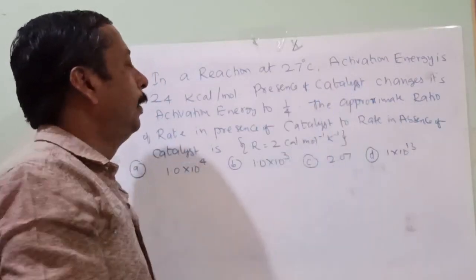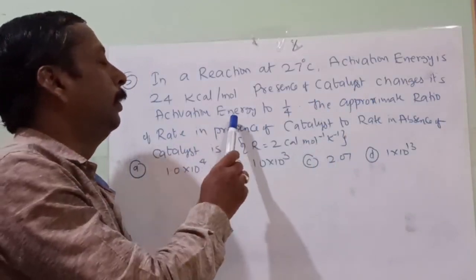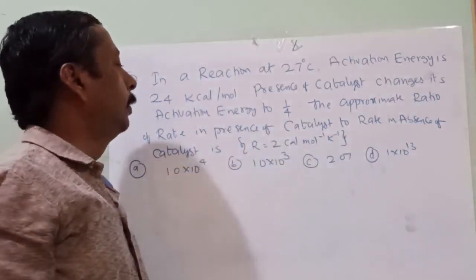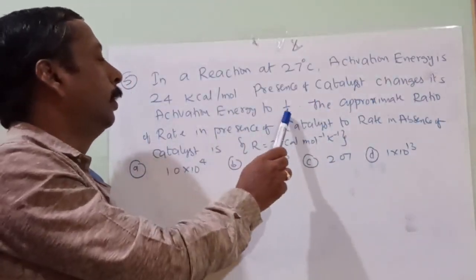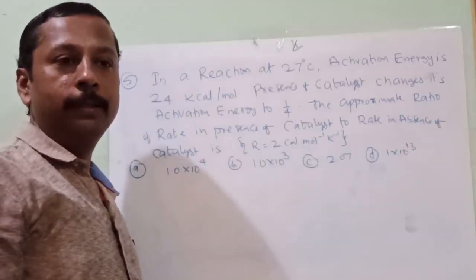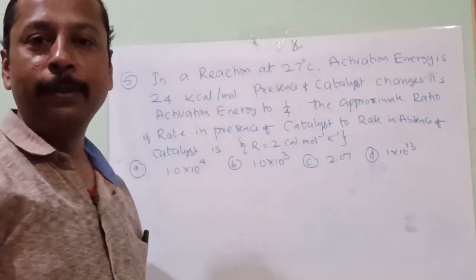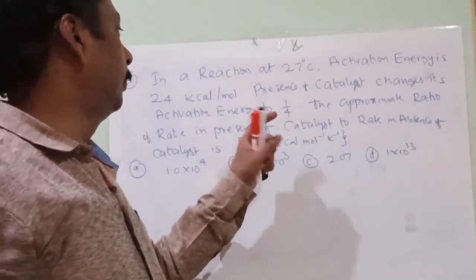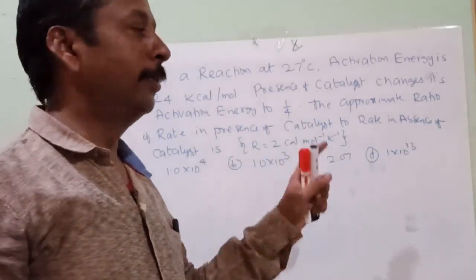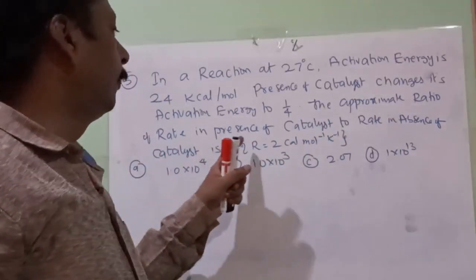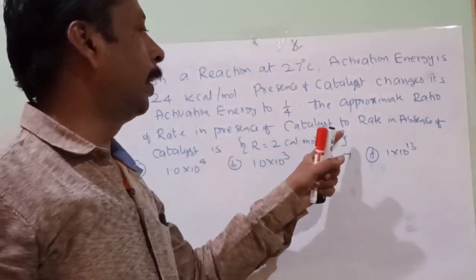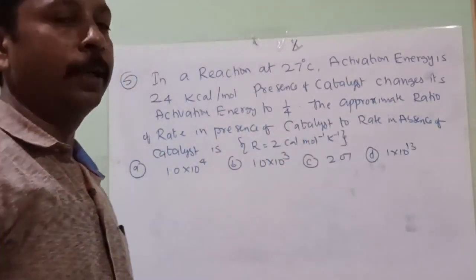So the catalyst decreases the activation energy to 1/4. That means how much is it? 24 by 4, what is the value? 6. So 6 kilocalories. Understood?